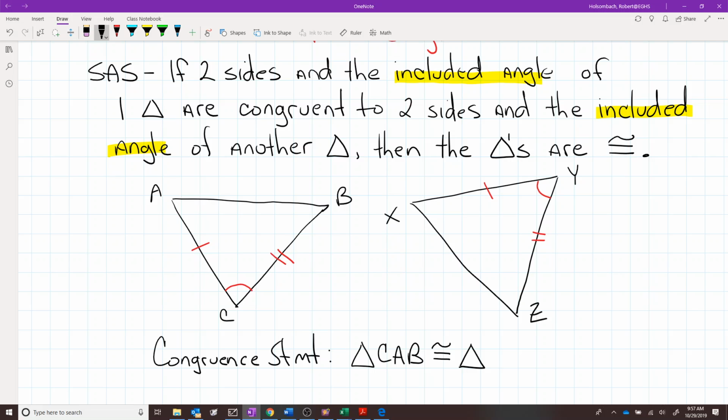So we got to start at Y and go to X. And in this case, there's only one vertex left, so it's going to be vertex Z. Alright, so side, angle, side. Side, included angle, and a side. Congruent to the same of another triangle.